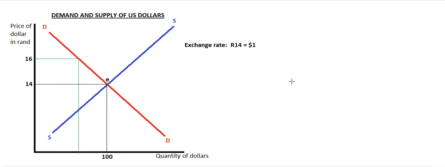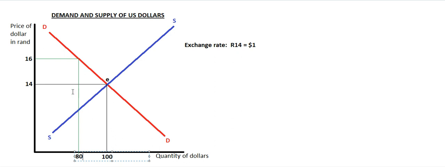If we literally give that a value now, we might say that there's now only 80 people that are willing to buy dollars at this price, because the law of demand says the higher the price, the lower the quantity demanded. So at 14 Rand to the dollar, there were 100 people willing to buy dollars.